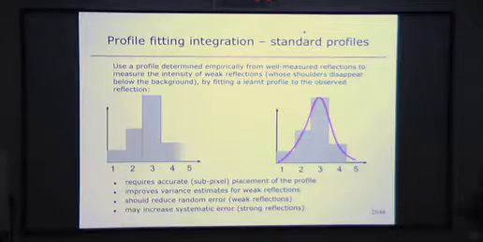What this does, if we apply these profiles to our reflections, is that for the weak reflections, we improve the variance estimates substantially. As a consequence of that, we should reduce the random error from our weak reflections, but with very strong reflections, it can increase the systematic error associated with them.